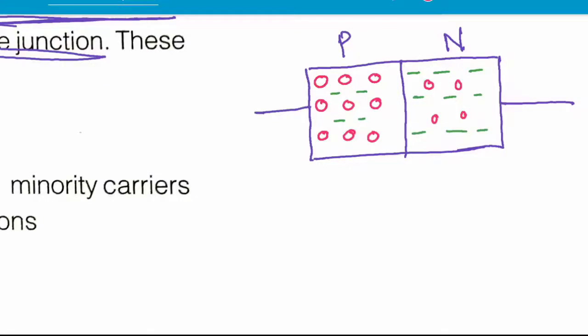So P type and N type semiconductors are naturally neutral. The P itself is neutral, N itself is neutral.